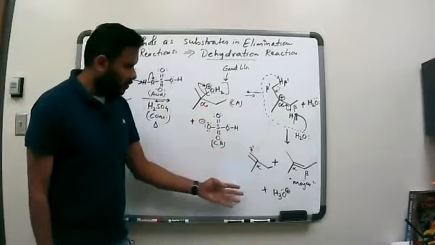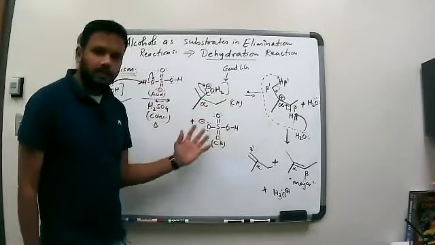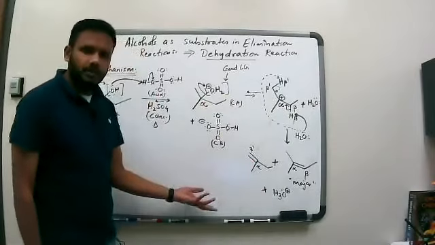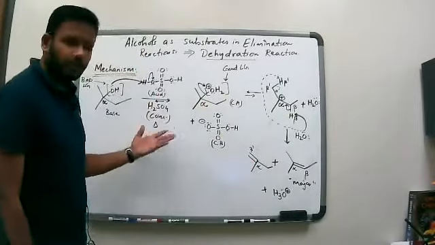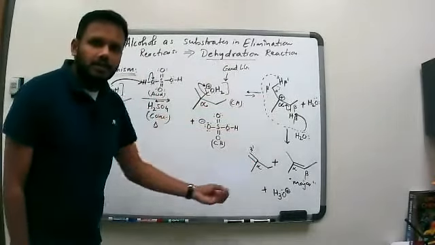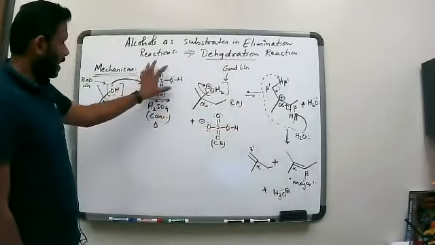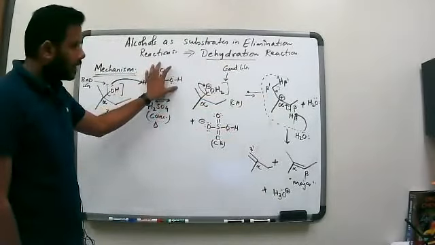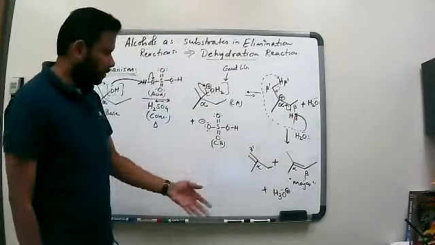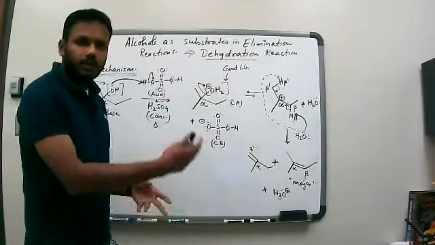And in that case, you would make sulfuric acid. You would get your sulfuric acid back. Okay, you would get your sulfuric acid back. So what that means is you only need a tiny bit of acid for doing this reaction, because the acid is used in the first step and it is regenerated in the final step. Okay, so you get your acid back.